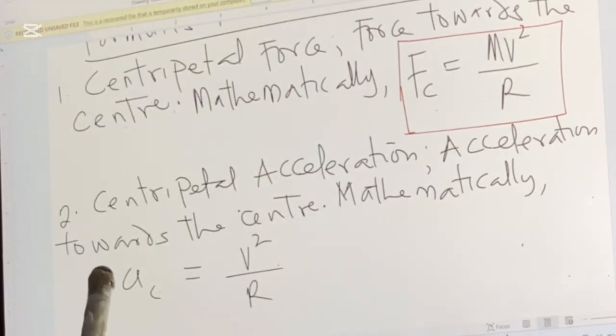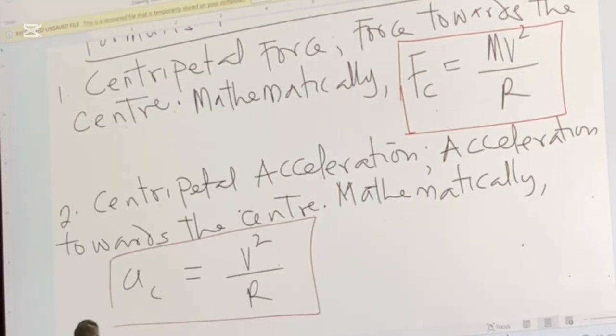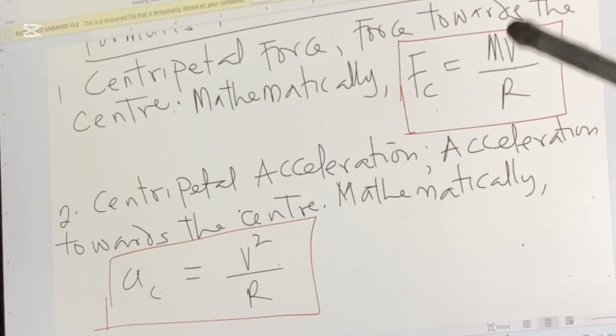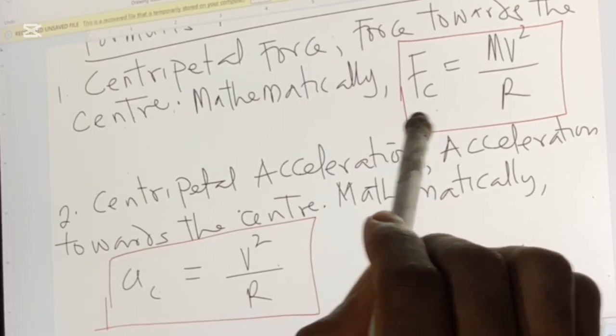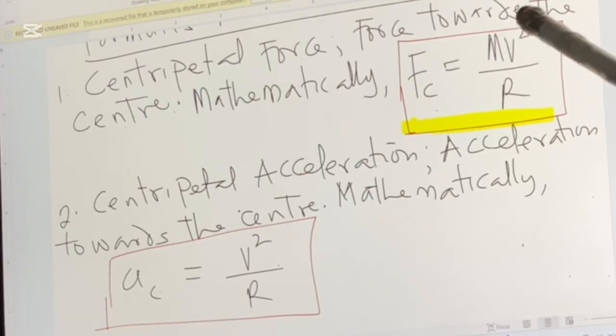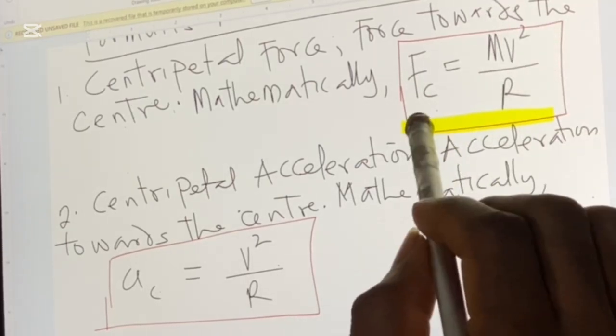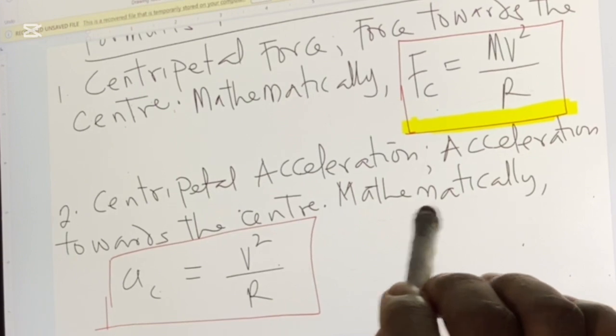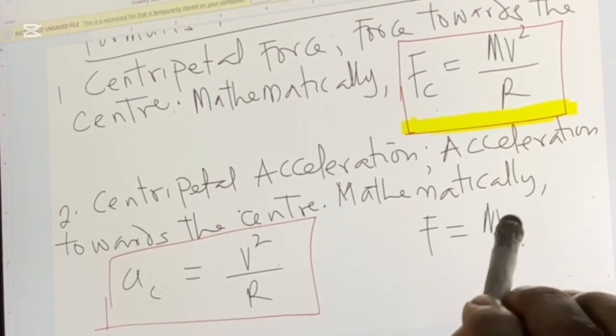Okay, now this is how to know centripetal acceleration. We can know centripetal acceleration from centripetal force. Please take notes. How do we know that? Now, class, from this particular formula for centripetal force, that is Fc is equal to mv squared over r, relating it with the linear formula for force, that is F is equal to ma.